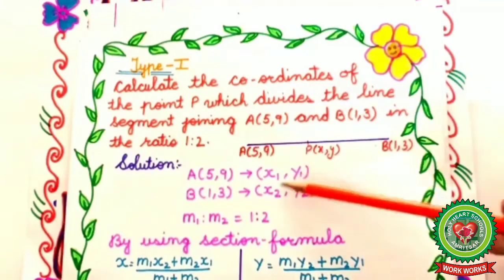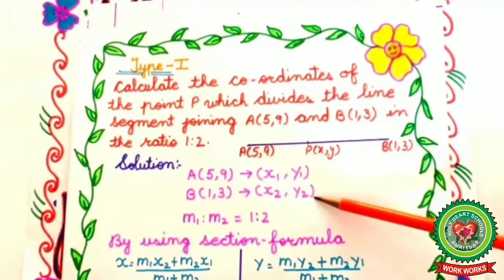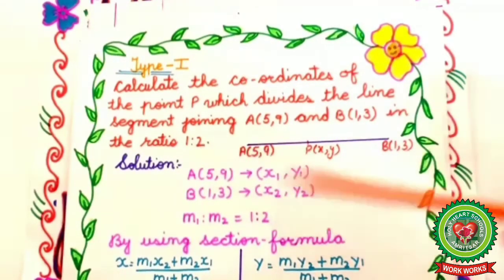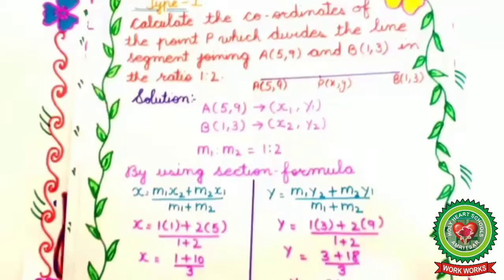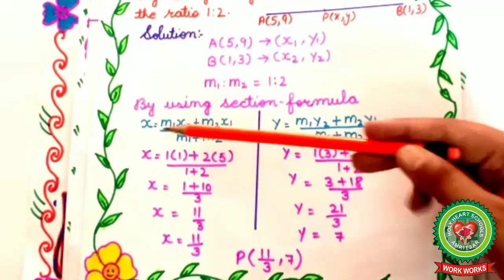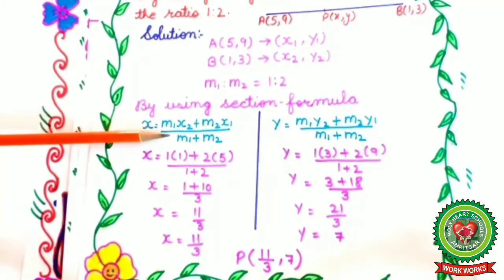So coordinates of A are x1, y1, coordinates of B x2, y2, and the ratio is given to us, that is 1:2. Now by using section formula, x equals m1 x2 plus m2 x1 upon m1 plus m2.